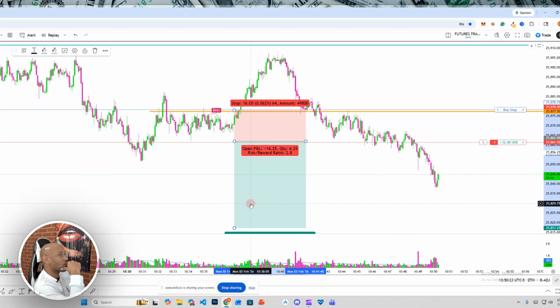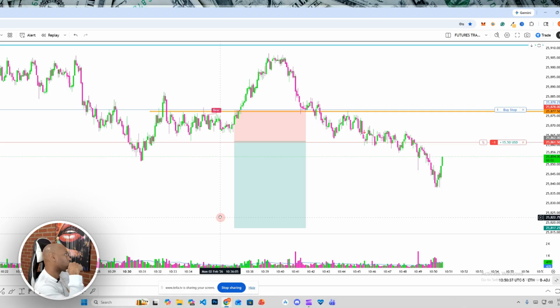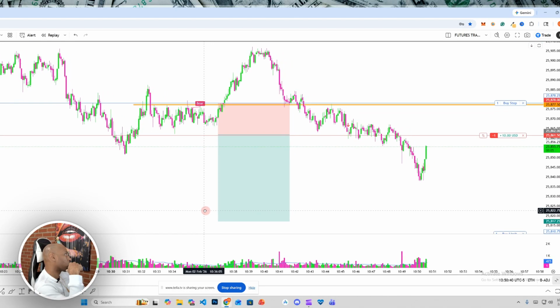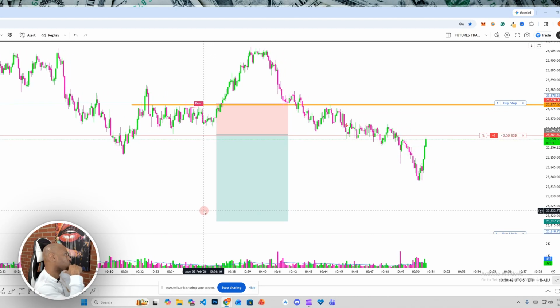So looking on my 2 minute, I don't see any other support to the left. All right. So I'm going to hold it. The price looked like it wants to go back up though too, but I still don't see where it found some support at.